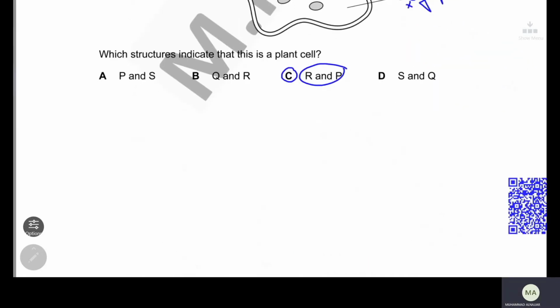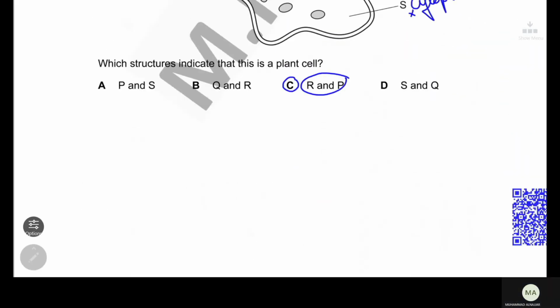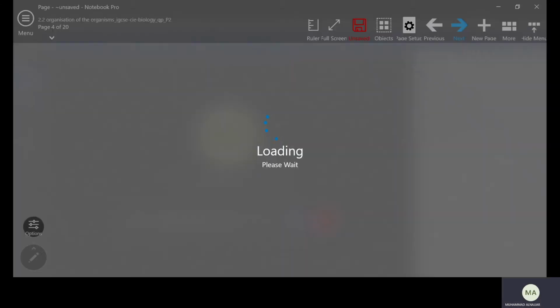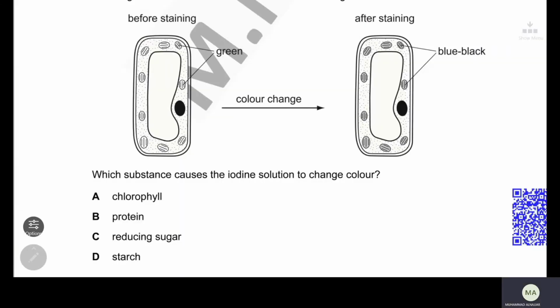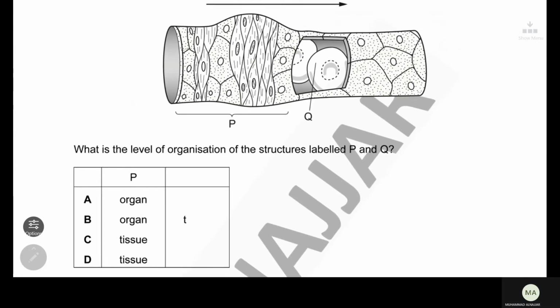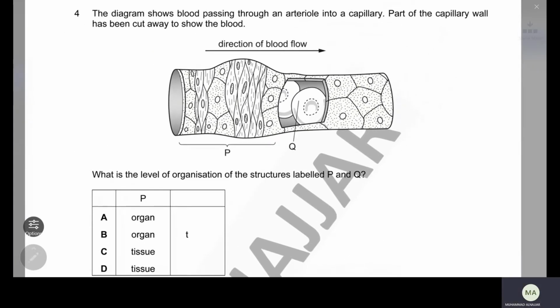Question number 4. The diagram shows blood passing through an artery into a capillary. Part of the capillary wall has been cut away to show the blood. This cut is made in order to show the flow of the blood, and this is the direction of the flow.